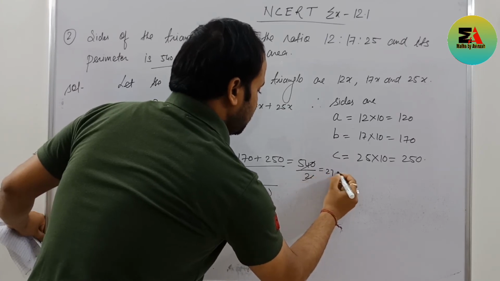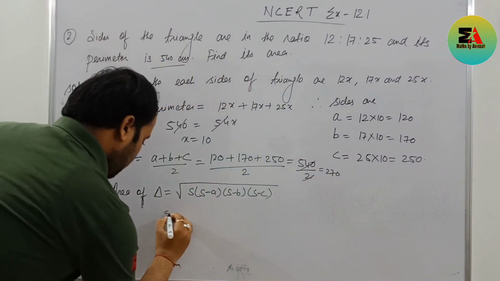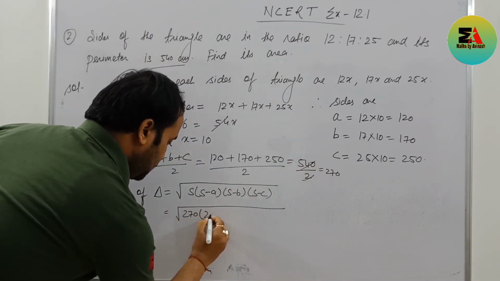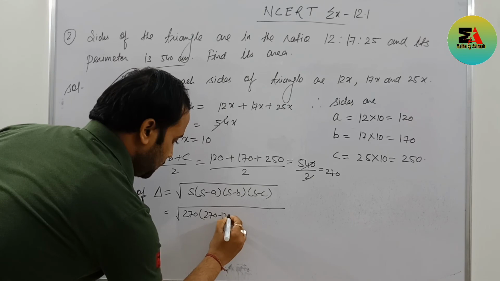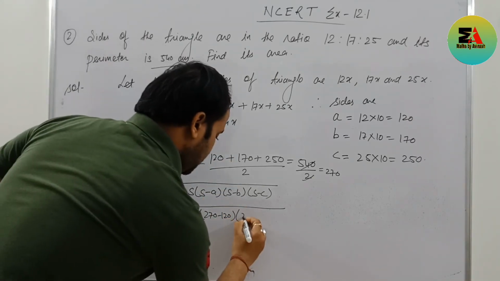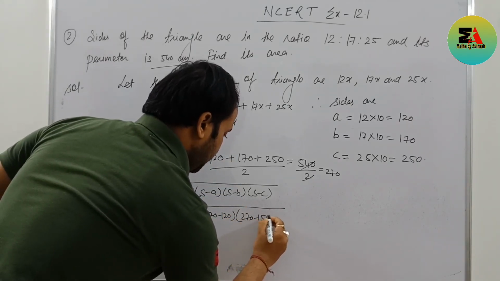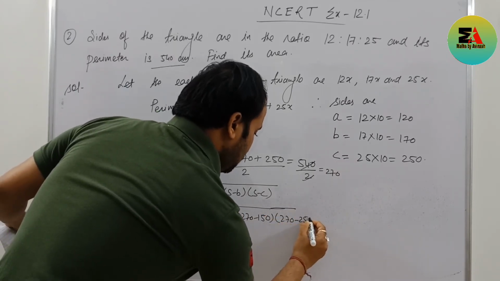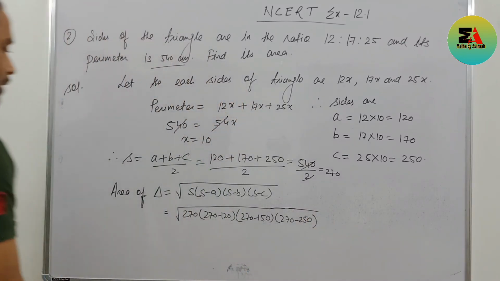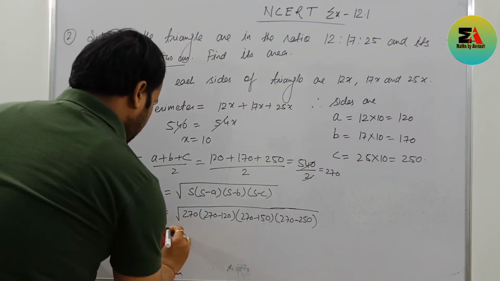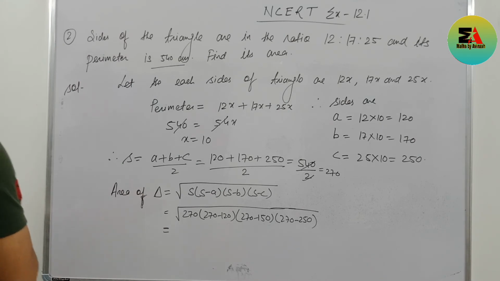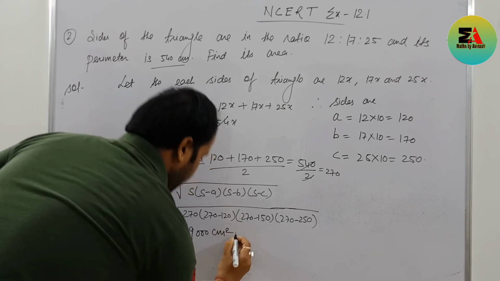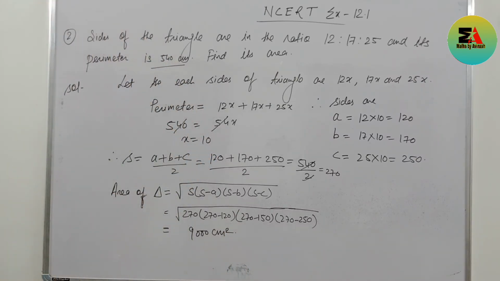Substitute all the values. s is our 270. 270 minus 120, 270 minus 170, 270 minus the value of c, which is 250. After solving this, you get 9000 centimeter square.